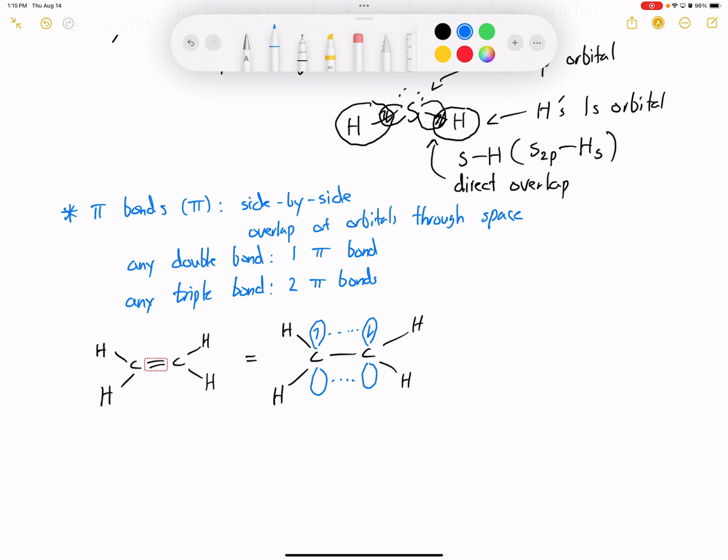There's forces of attraction above and below these p orbitals, okay? So that's side-by-side overlap. We call it parallel overlap because it's perpendicular to this line here. Okay? All right, so this interaction here is our double bond.